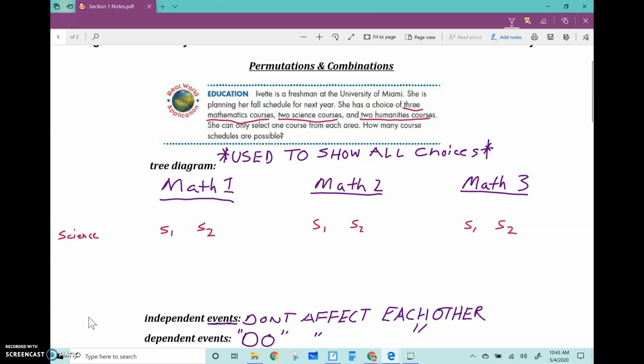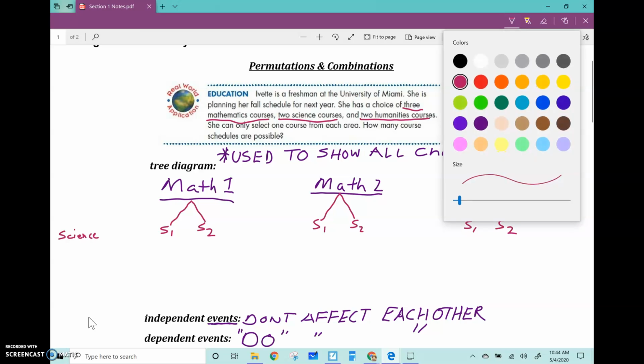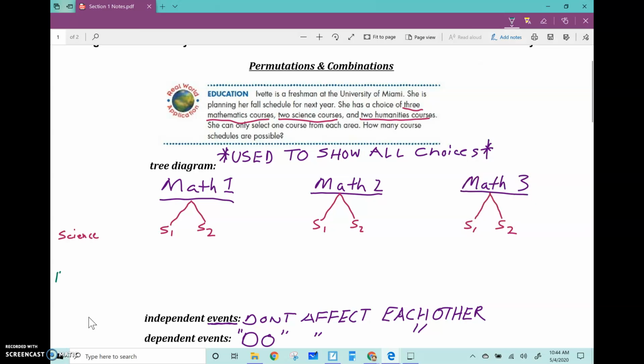All right, and here's our tree forming. I can pick Science 1 or Science 2 depending on which math class I choose. And then on top of those science classes, we have 2 humanitarian classes. So I'm going to go down here and we'll call this humanitarian, but I'm going to abbreviate to human. And we've got a humanitarian 1 and a humanitarian 2.